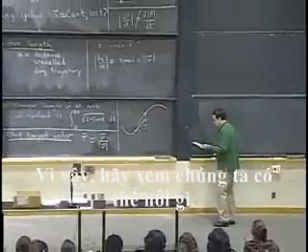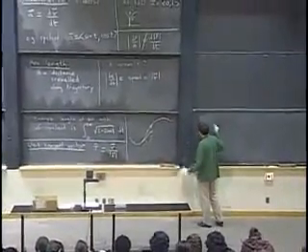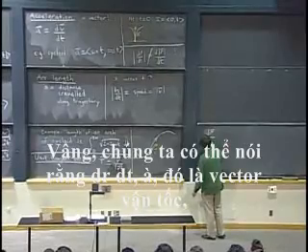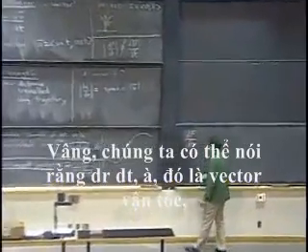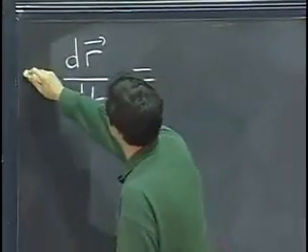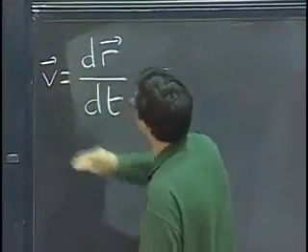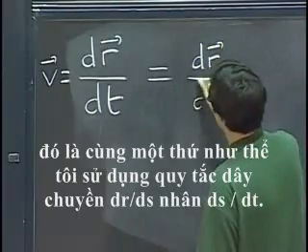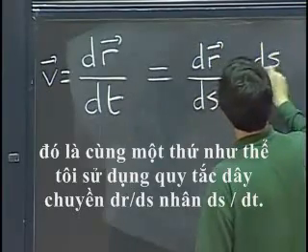So let's see what we can say. Well, we can say that dr by dt, so that's the velocity vector, is the same thing, if I use the chain rule, as dr ds times ds dt.